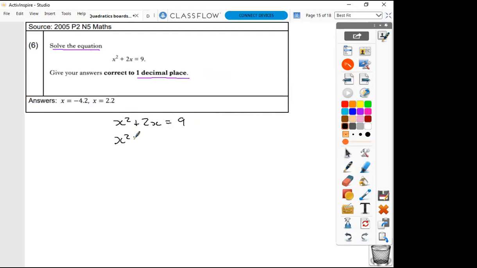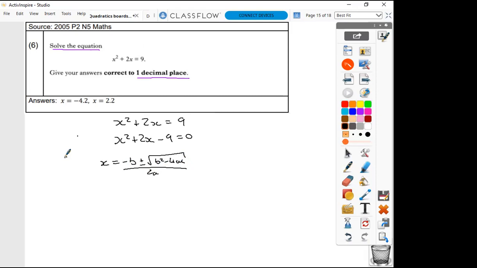Okay, so x squared plus 2x, and I'm going to bring that 9 over, so it's going to become -9, and it's going to be 0, and then it's in a format that we can then use our equation x equals -b plus or minus the square root of b squared minus 4ac all over 2a.